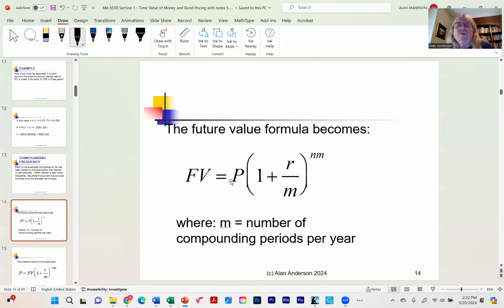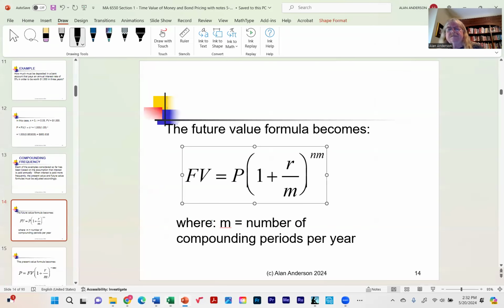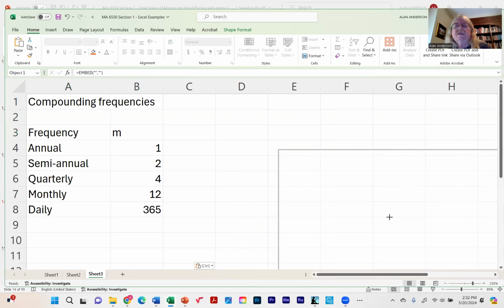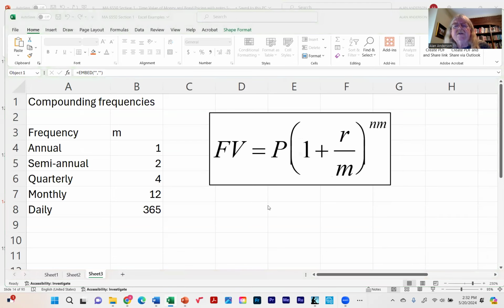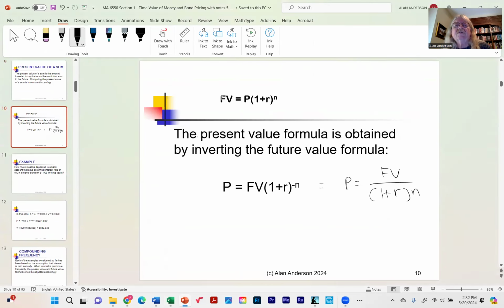Okay. So the formula, as you can see, has become a little bit more complicated for future value. In fact, let me go back and get the original one just so you can see them side by side. And you see where the change was made.